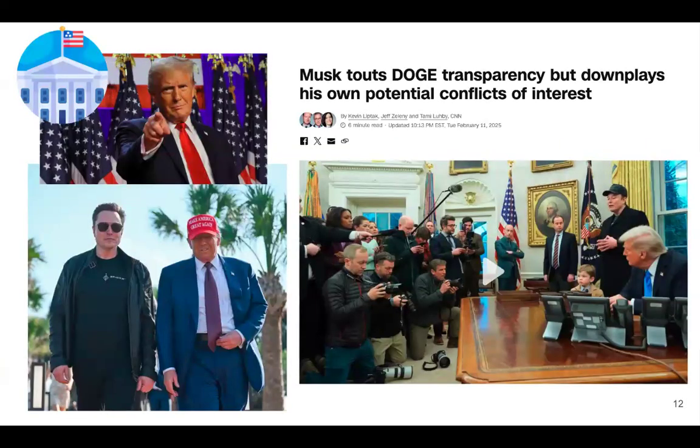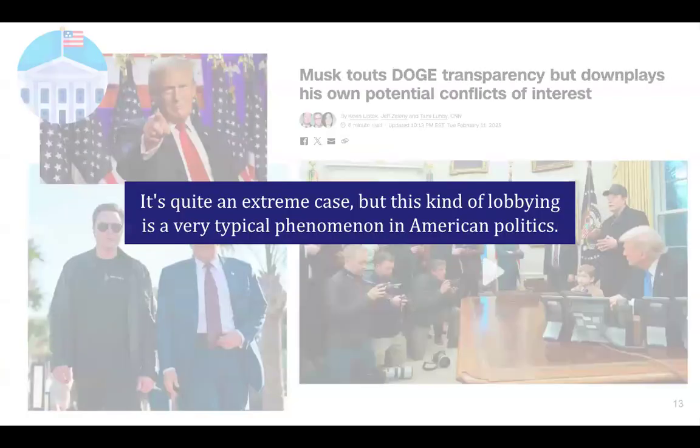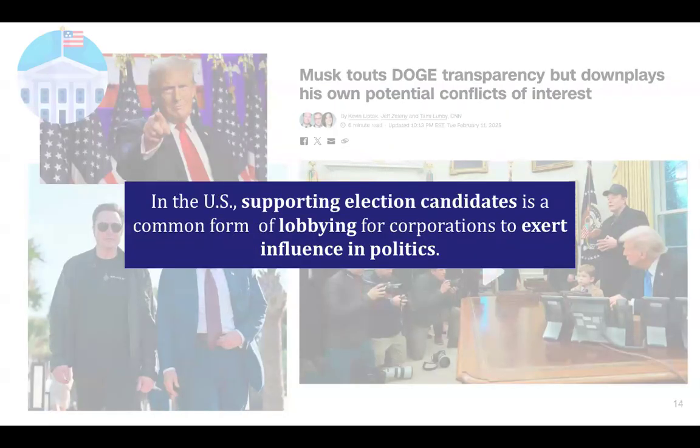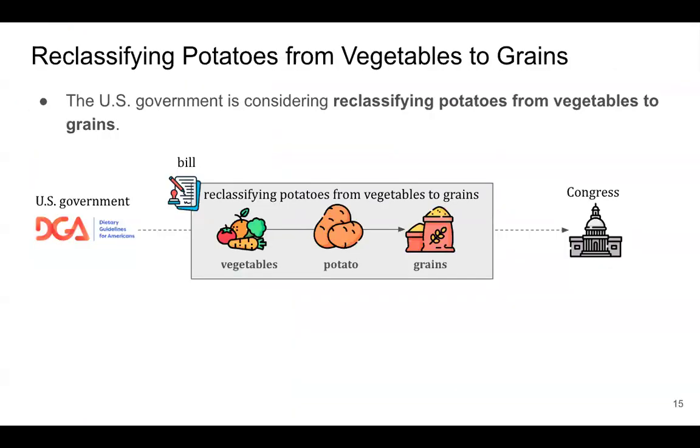And then Elon Musk did some stuff for the government. We talked about how humans are irrational, and maybe this is one example. This is an extreme case, but this type of lobbying goes on. There's a lot of lobbying that goes on in US politics.